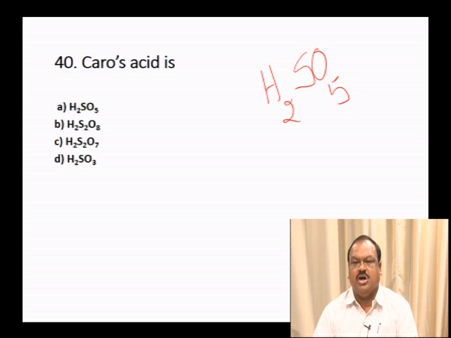H2S2O7 is called oleum. H2SO3 is called sulphurous acid. Caro's acid, persulfuric acid, its formula is H2SO5. So the suitable answer is A.